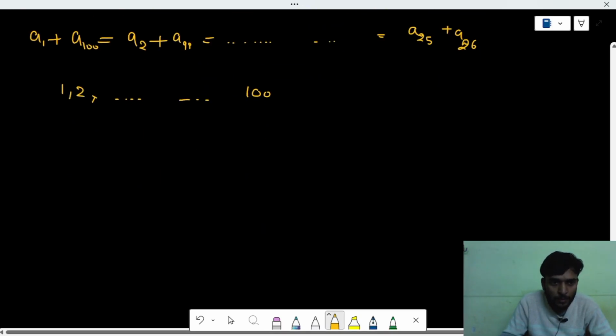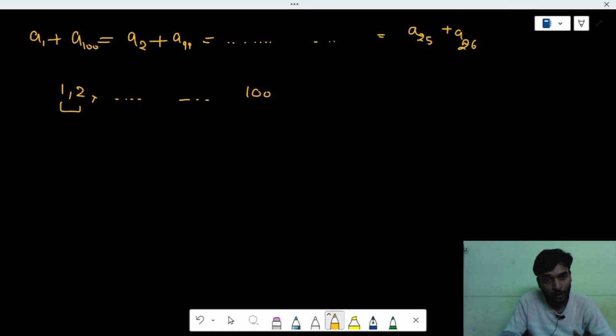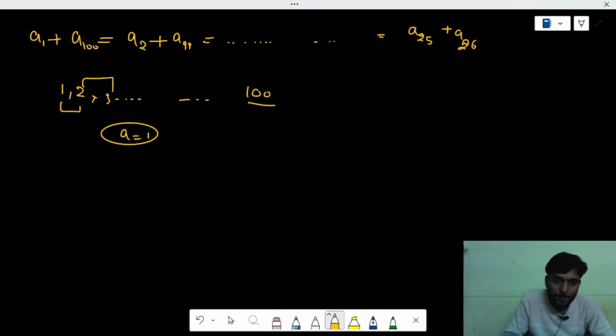The difference of two consecutive terms is 1, so d equals 1, the first term a equals 1, and the last term equals 100.